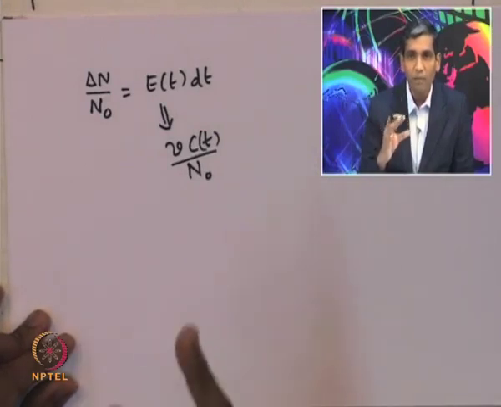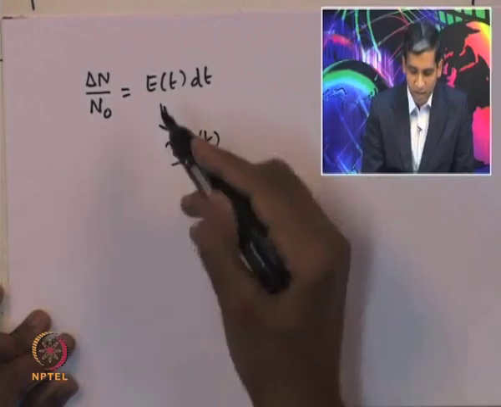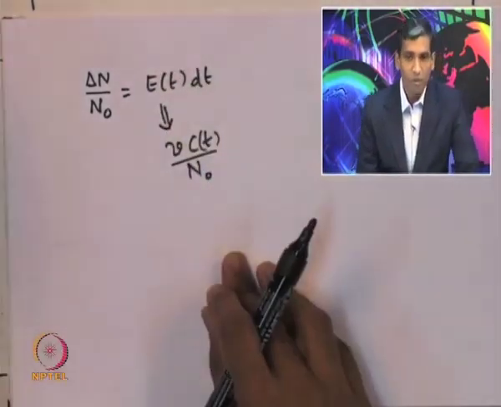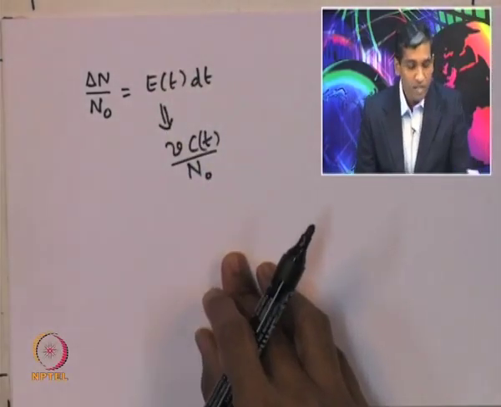So, that is an important property of the vessel, of the reactor, which is captured in this residence time distribution function. So, what can we do with this?